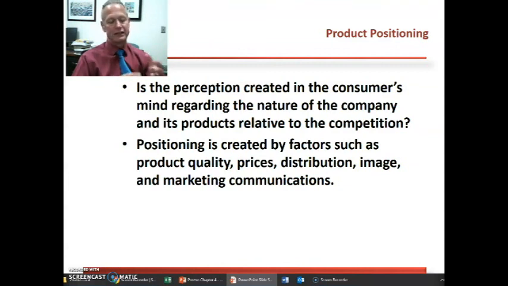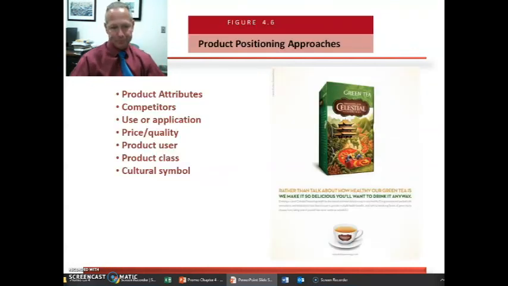Hyundai is positioned as value, as lower cost, whereas Lexus is positioned as higher cost, higher value, and luxury. Positioning is really created by quality and price. Those are really the two things, quality and price. And finally, image is a big portion of product positioning.